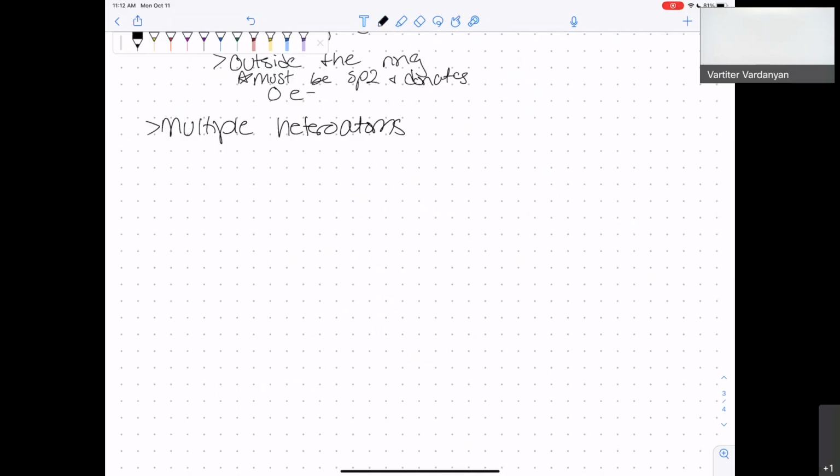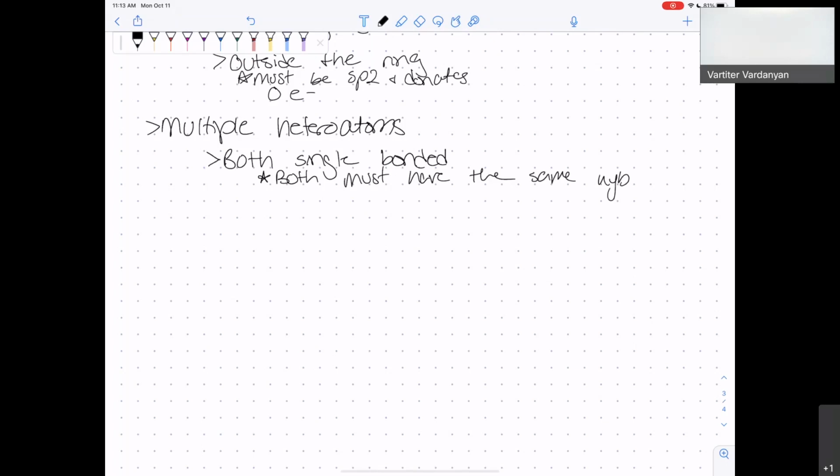So if you have multiple heteroatoms, there's like 2 categories, I guess, that you can go under. So they can either be both single bonded, and if they're both single bonded, the same sp2 versus sp3 rules apply, but now they both must have the same hybridization.